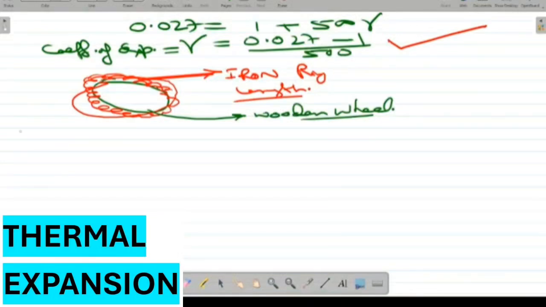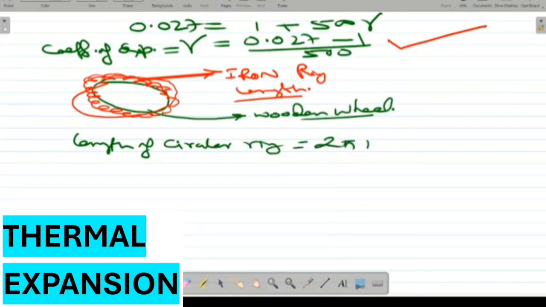So here in this case, what is the length of the circular ring? It's equal to 2 pi r. You know, students, it's a diameter of any circular path or any circle. So we can write it as pi into d.